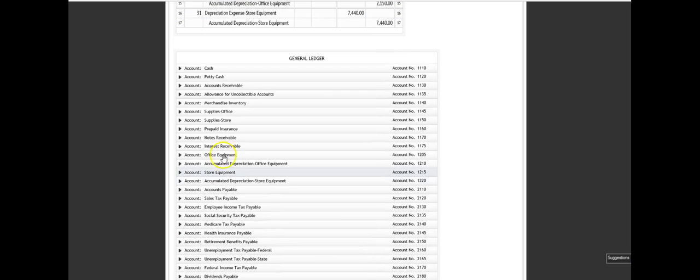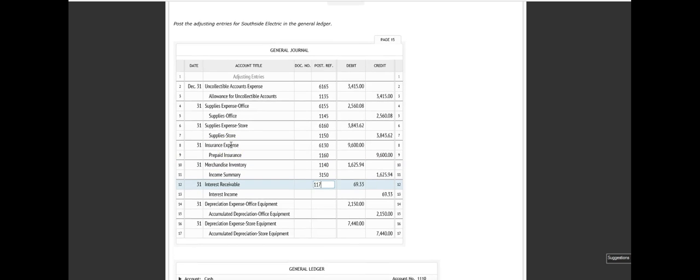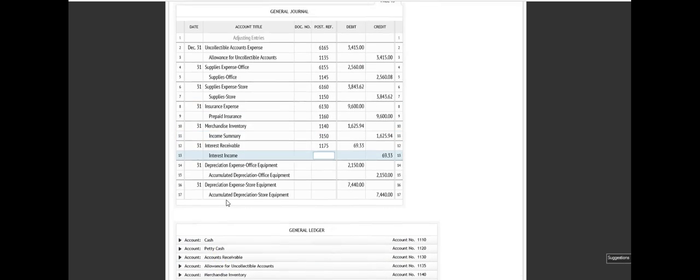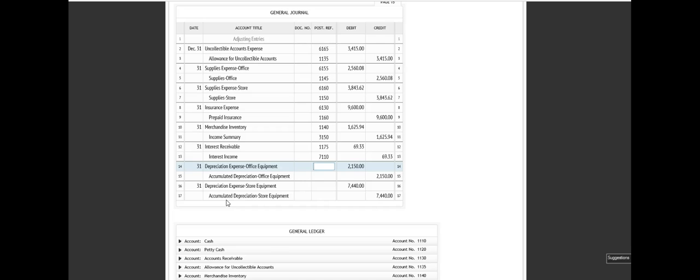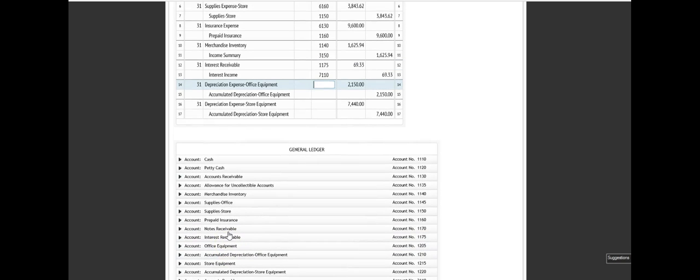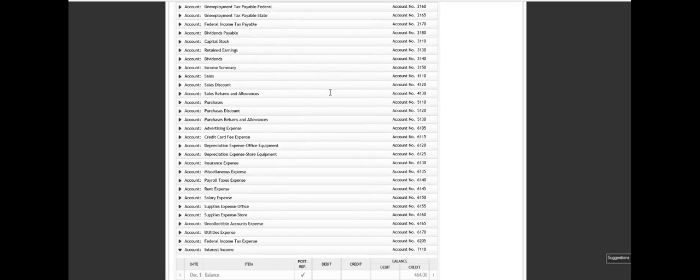Interest receivables, 1175. Interest income, I think under the bottom, wasn't it? Yep. 7110. Depreciation expense office, 6120, and then 6125. Accumulated depreciation.